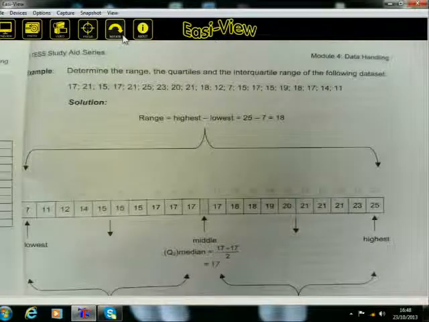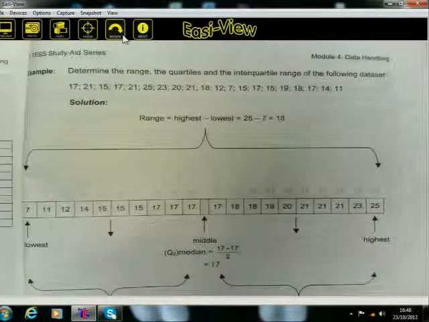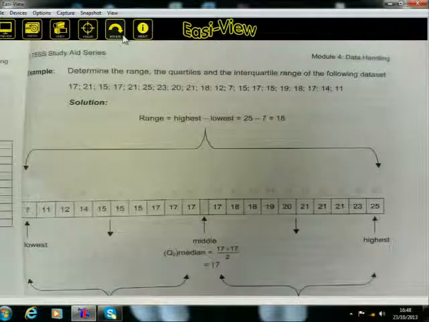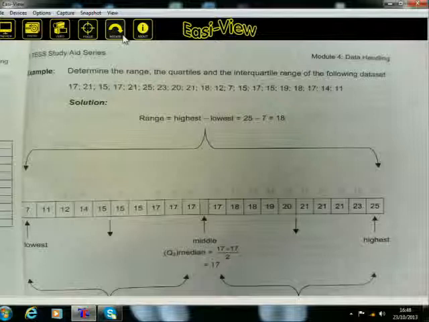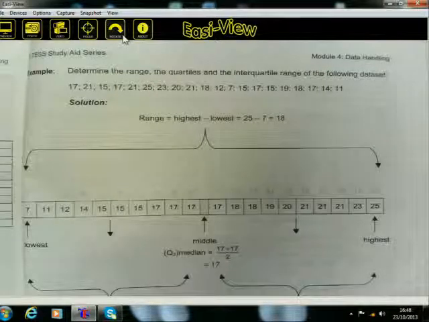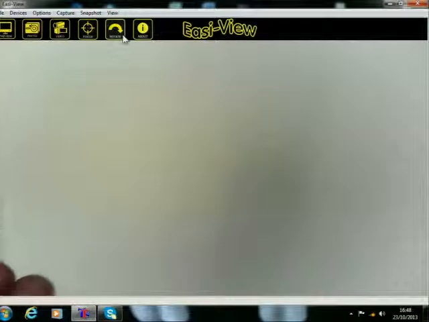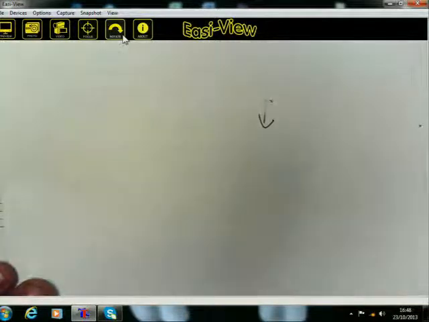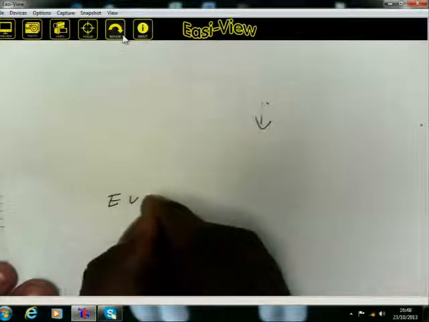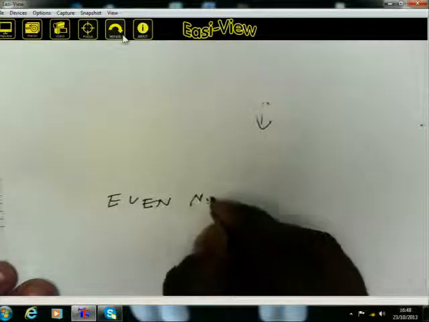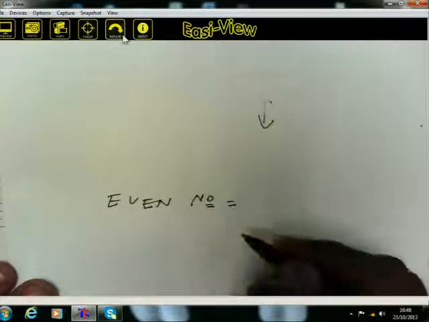Do you see now? We're having an even number of data. Remember, if it was an odd number, it was easy for you to look for the middle one. Now, if it's an even number, what must you do?